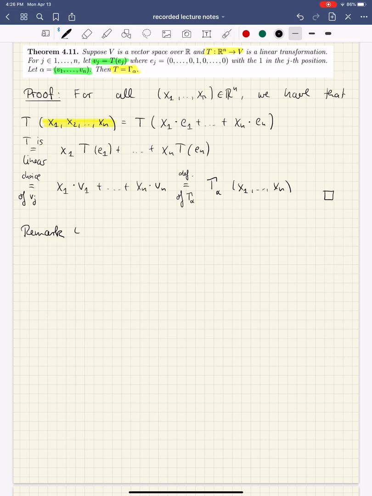So let's go to the next remark. So suppose here that you have some vectors v1 through vn in R^m, and let A be the m times n matrix given by these v_j.